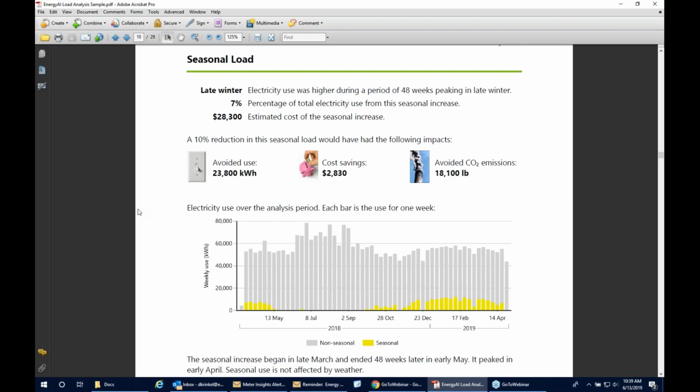In this case, we see two of them. One is in the winter, and the other is in late spring for the historic data that we have. Now, this may very well be weather driven, in the sense that it could be some ad hoc heating load, for example, but it doesn't correlate with weather.